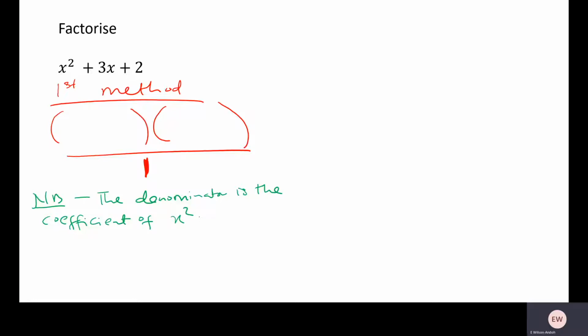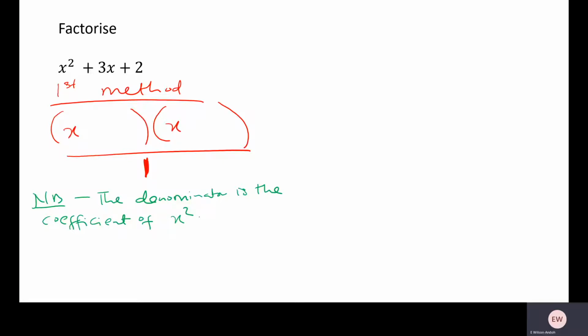And then in the bracket, we put our first term. Our first term is going to be x because the coefficient of x squared is 1. So we are going to write x. Now we have to look for the rest of the terms.